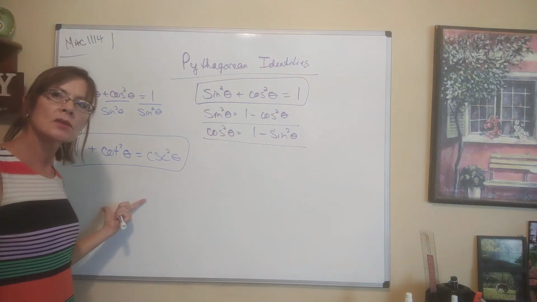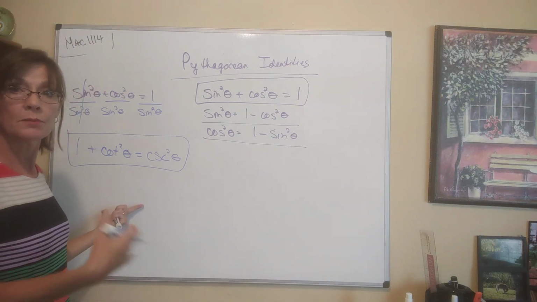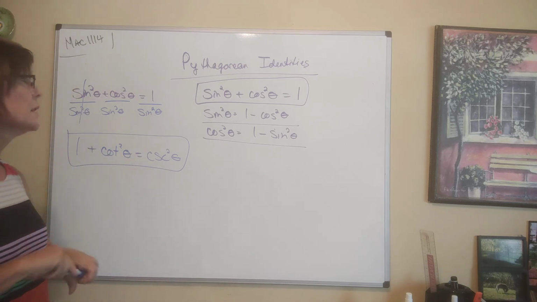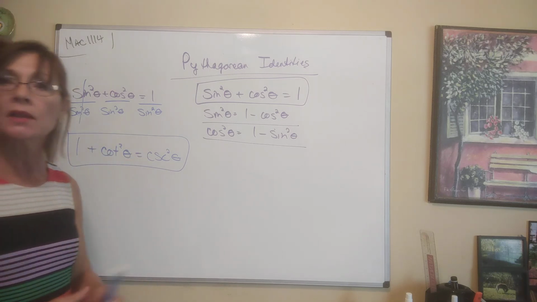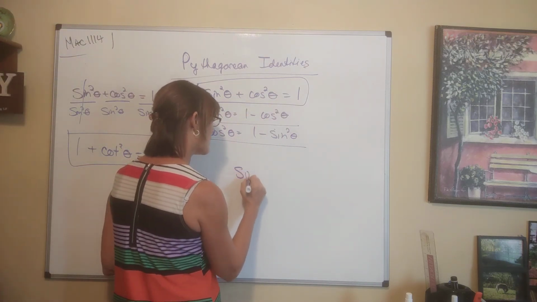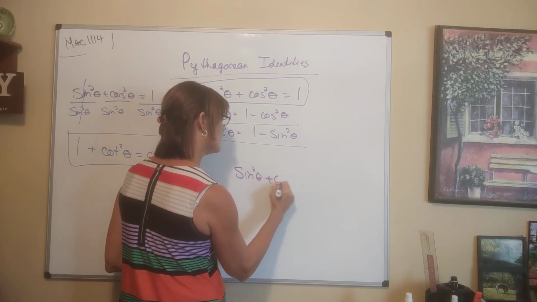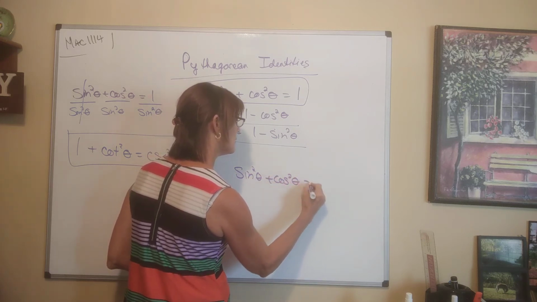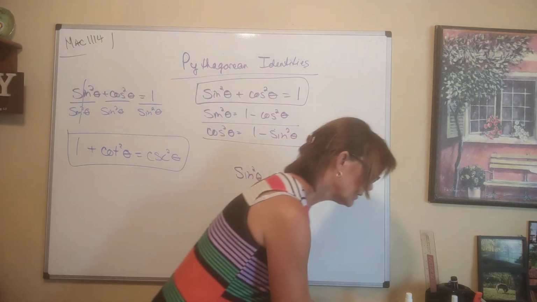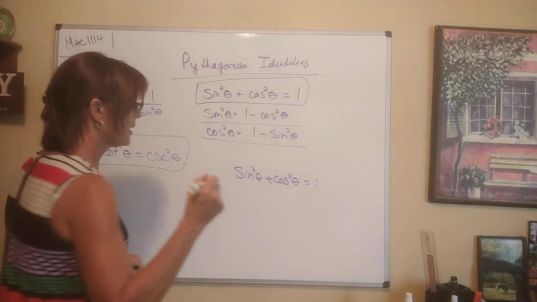You can memorize this, or you can just be able to find these relationships. The third one on here, I don't quite have memorized, but I can come up with it and use it. I start with this one, which I did memorize, and then I divide both sides of this equation by the cosine squared of theta.